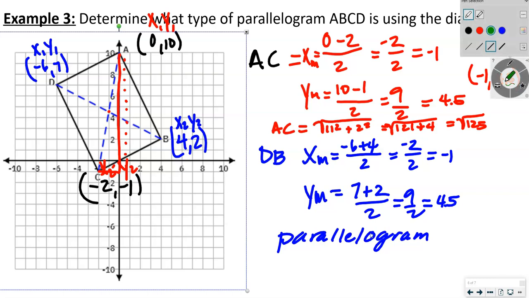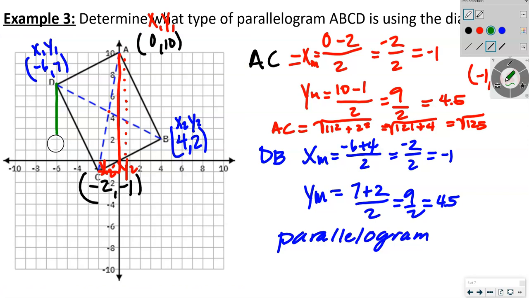Here again, if I'm looking for DB, I'm going to go straight down, and then straight over. So we're creating our right triangle again. This time we've got 1, 2, 3, 4, 5, and 1, 2, 3, 4, 5, 6, 7, 8, 9, 10.